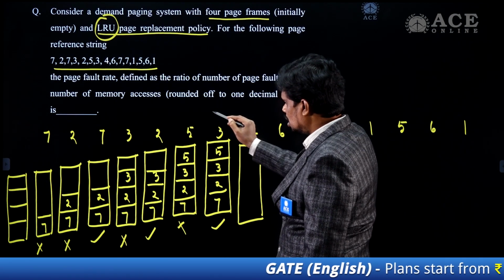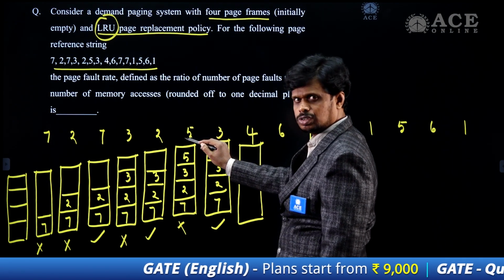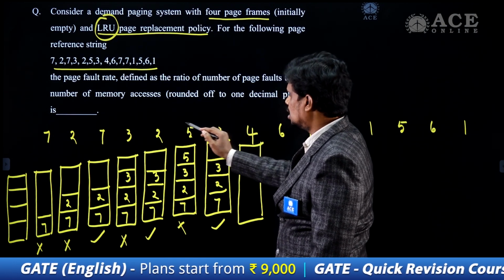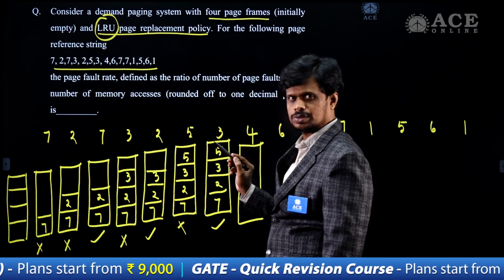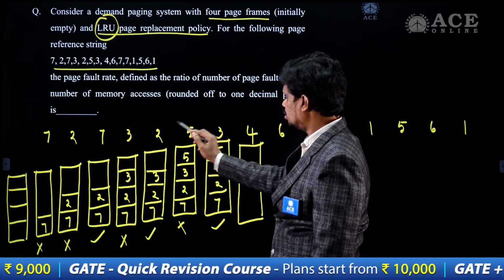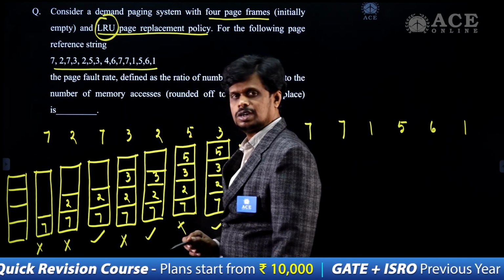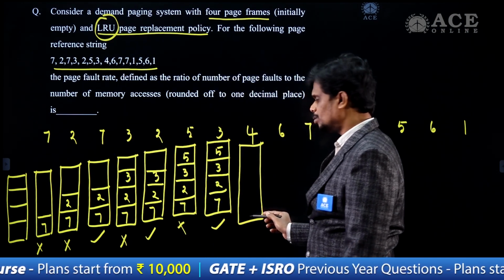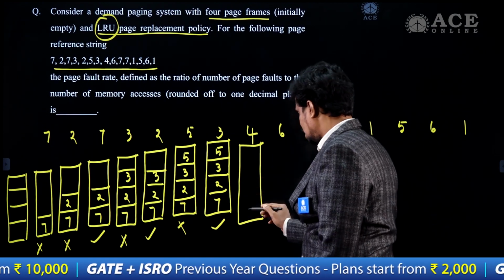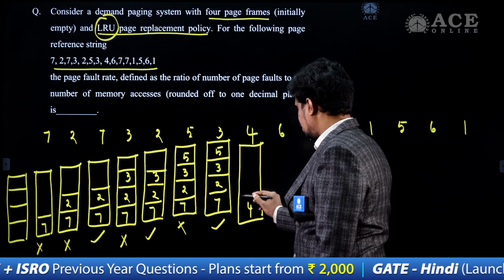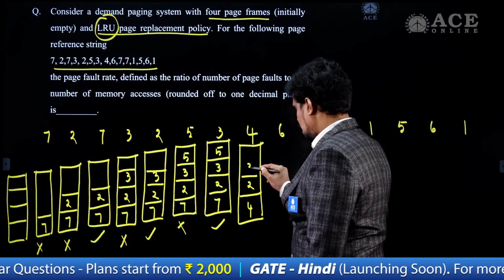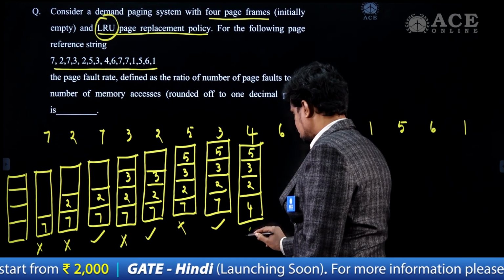After 3, 5 is the next most recently used. After 3 and 5, 2 is the next most recently used. Comparatively, 3, 5, 2, 7 is the least recently used, so 7 is the victim for the replacement here. So it means that 7 gets replaced by 4, and this is a page fault.